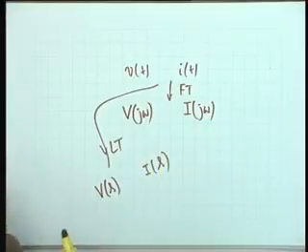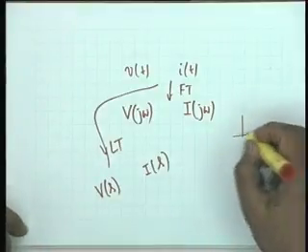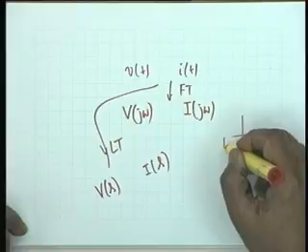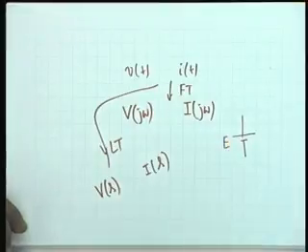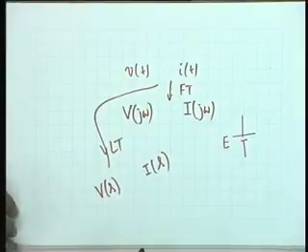These will be our notations: small letter quantities shall always denote signals in the time domain, capital letters in the frequency domain, unless otherwise specified. For example, when you call a battery capital E, obviously it is neither time domain nor frequency domain, it is a constant, unless it is specified otherwise.